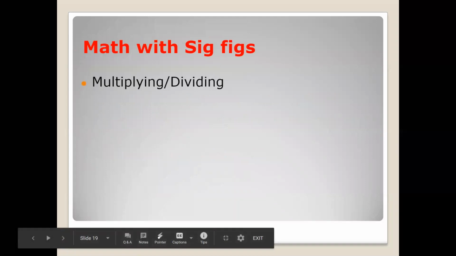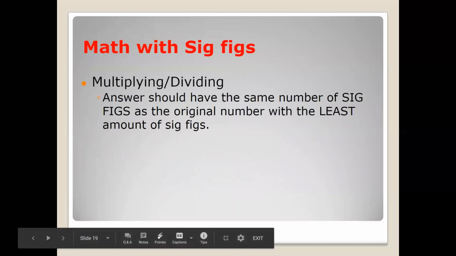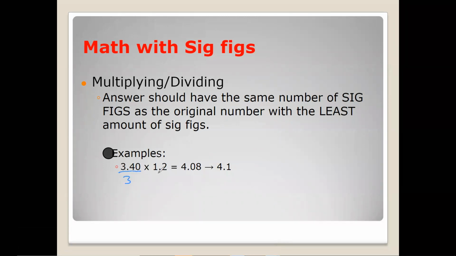If you are multiplying and dividing, the exact same rules apply. You have to have your answer with the same amount of significant figures as whatever number in the problem had the least. So in this example, we have this number which has 3 significant figures, this number which has 2 significant figures, so your answer over here can only have 2 significant figures.